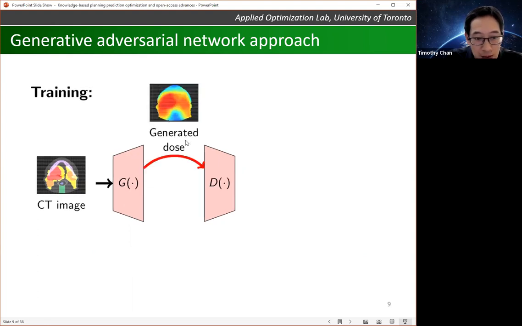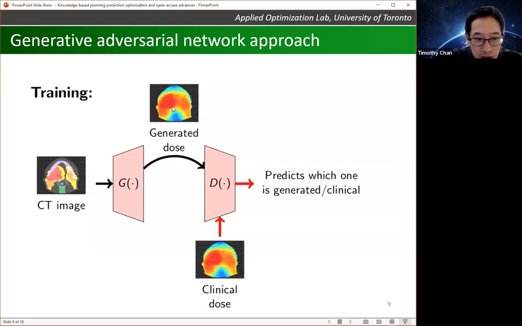It would generate a dose that would be evaluated by another neural network, a discriminator. This artificial dose would be compared against the true clinical dose, because we have the ground truth label, and it would try to discriminate which one was real and which was artificial, and then send information back to the first network to revise its inference and generate a new dose distribution, and so on.